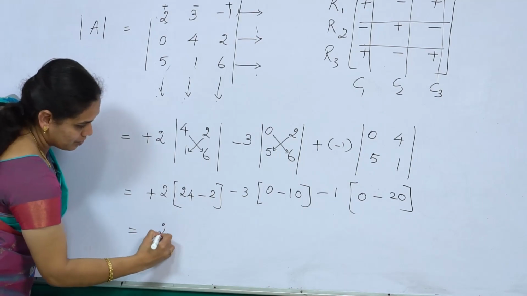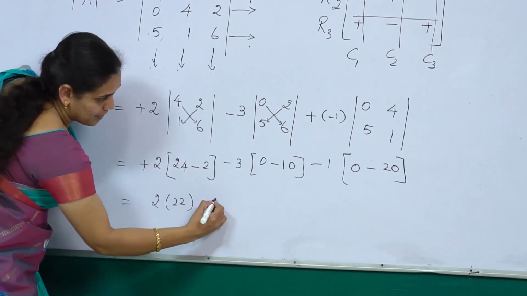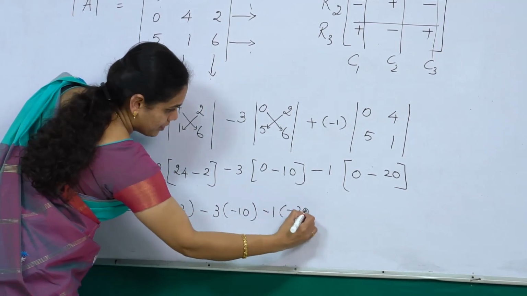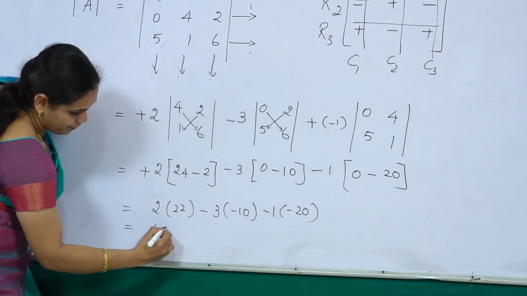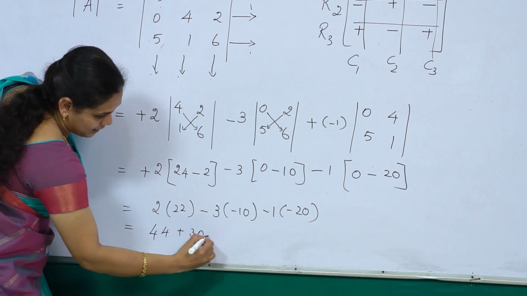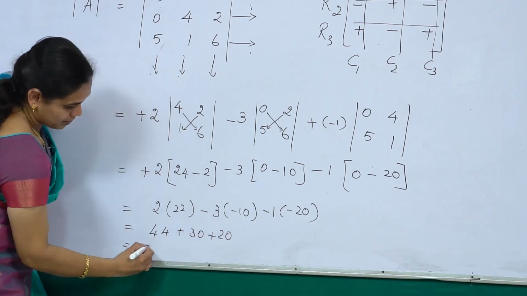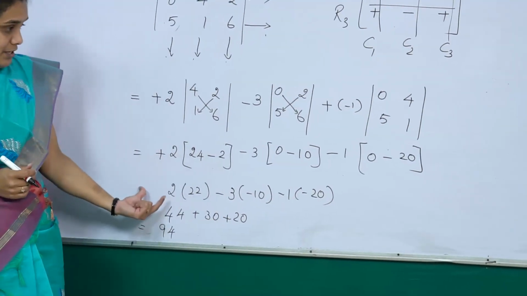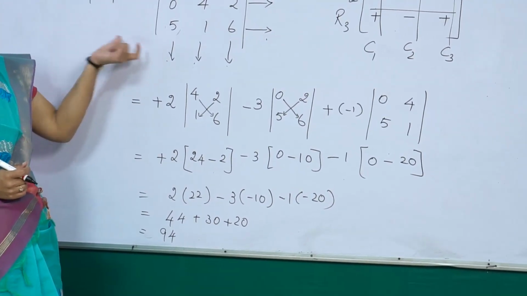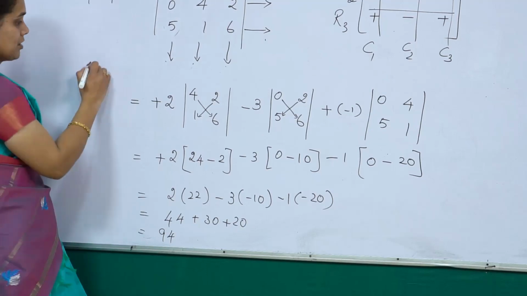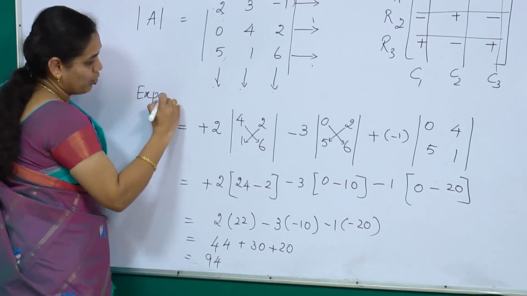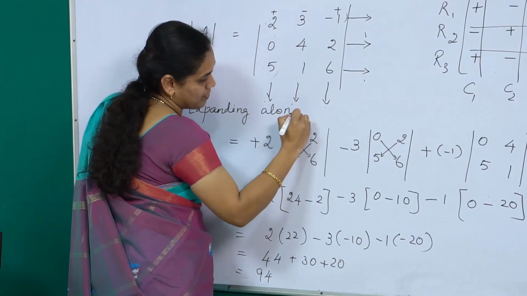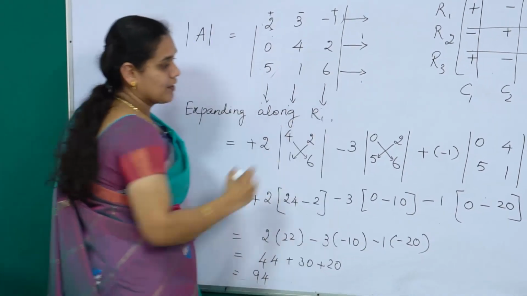Then 2 times 22, minus 3 into minus 10, minus 1 into minus 20. So it will be 44 plus 30 plus 20, that is 94. This is how we evaluate the determinant of a 3 by 3 matrix. We expanded this determinant along R1.